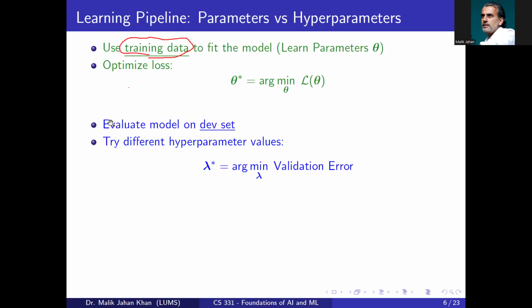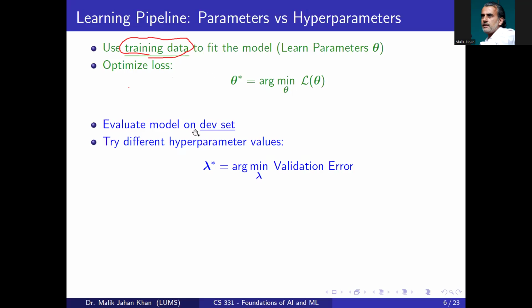And in order to evaluate the model, we'll be using the dev set, which is the validation set, right? What does that mean? That means that as we have started building up a model, we have to learn parameters, but parameters will be learned using the data in that entire training exercise using gradient descent in our context.